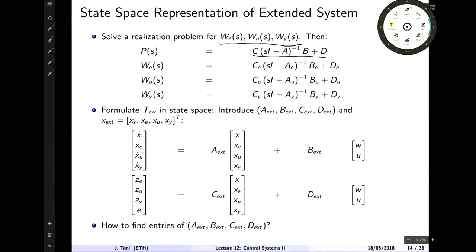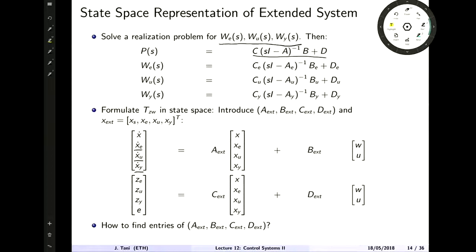Now you have to be careful, because WE, WU, WY are dynamic systems. They're not static, but dynamic, so they have a state in there. So we need to introduce these states, XE, XU, XY, and they have, of course, a dynamic as well, right?